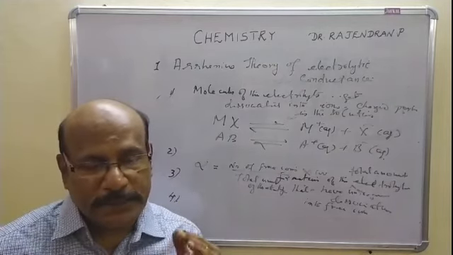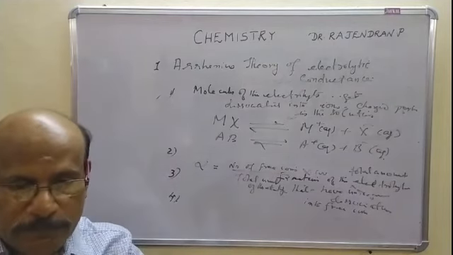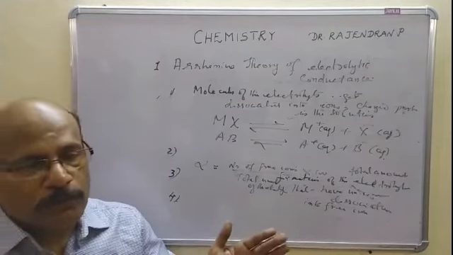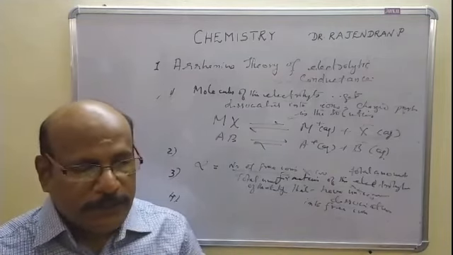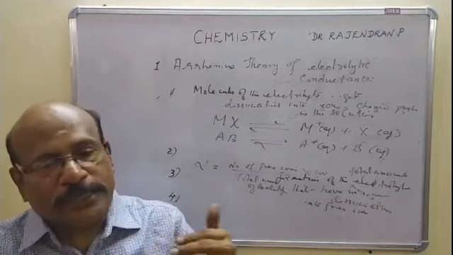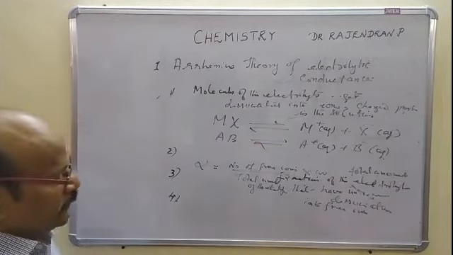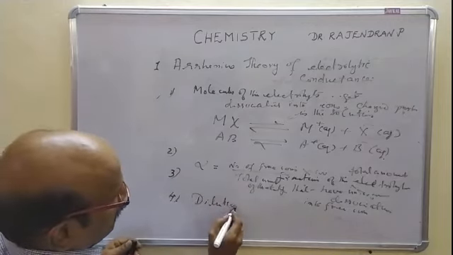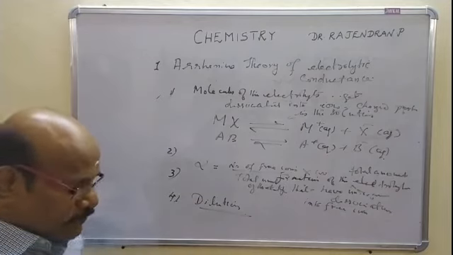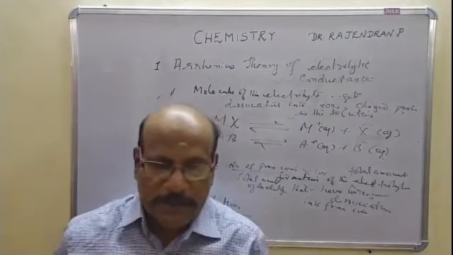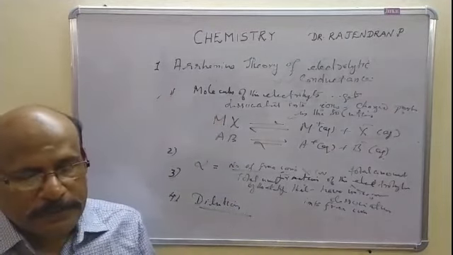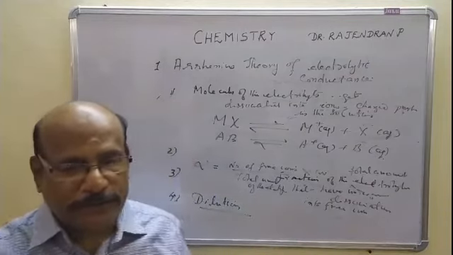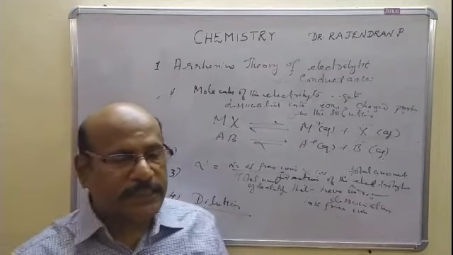The fourth assumption is the effect of dilution. As the electrolyte is diluted more and more by adding more water, that is, by decreasing the concentration, the process of adding more and more water to reduce the concentration of the electrolyte is called dilution. In such cases, more and more electrolyte gets dissociated into free ions, so the degree of dissociation increases.